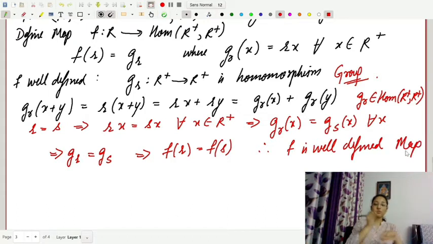Reversing the process of well defined steps, we can show that F is 1-1 also.